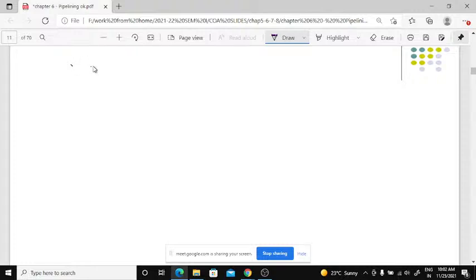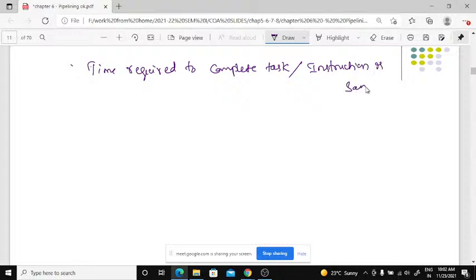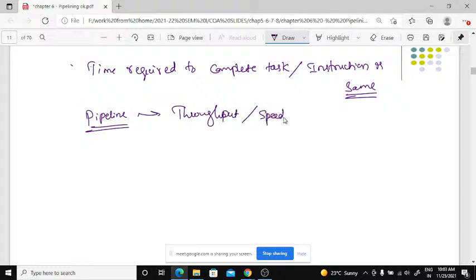Here the time required to complete the task, or the time required to execute the instruction, is the same. There will be no change. But what is the advantage with the pipelining technique? The throughput will increase, the speed of execution increases.